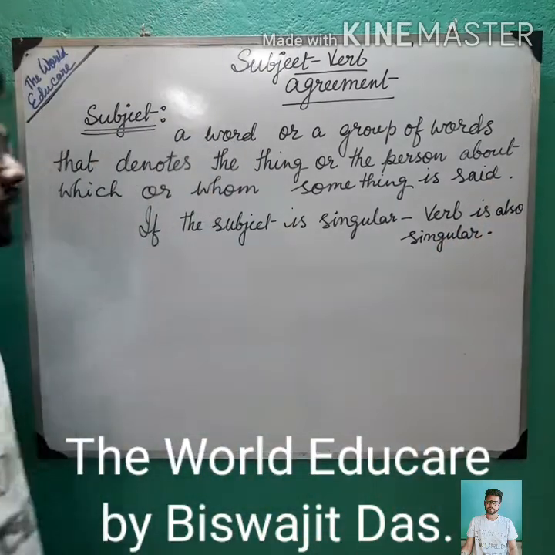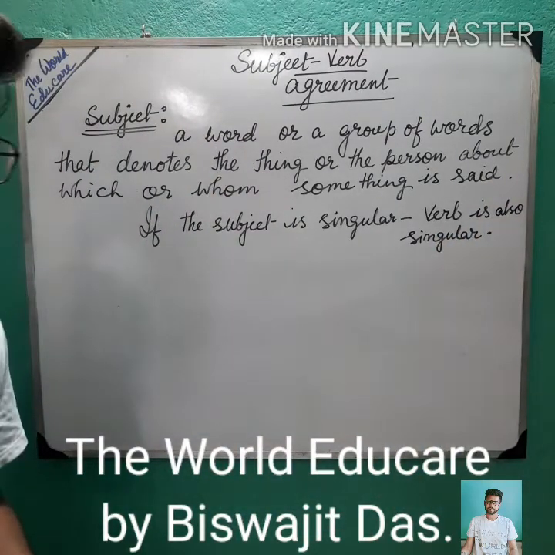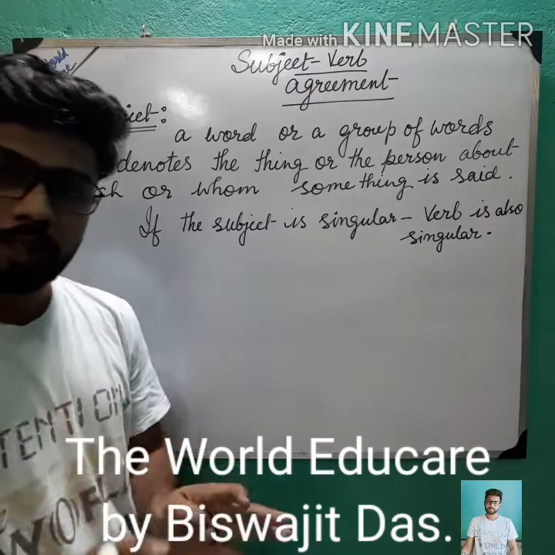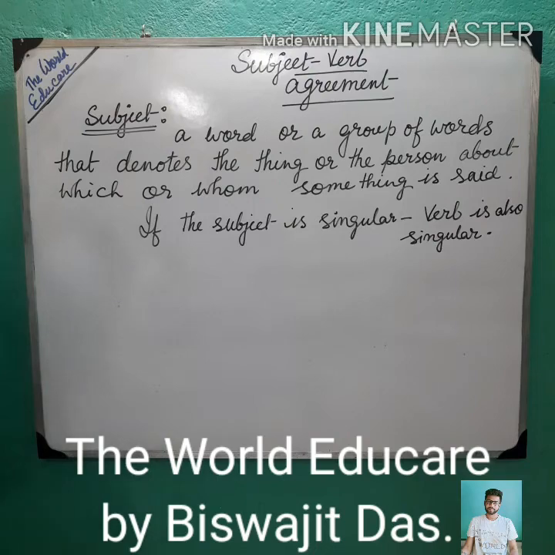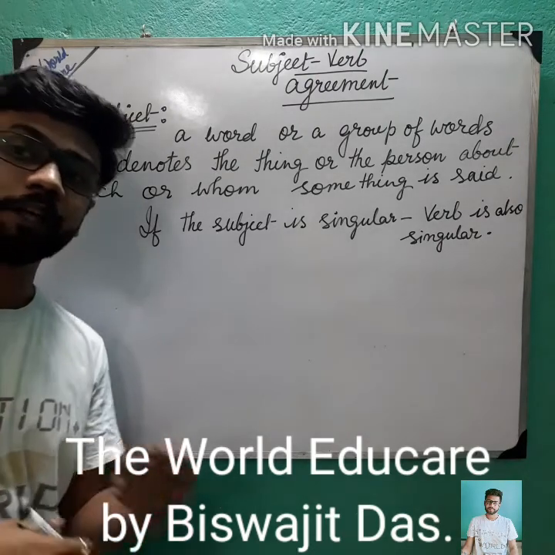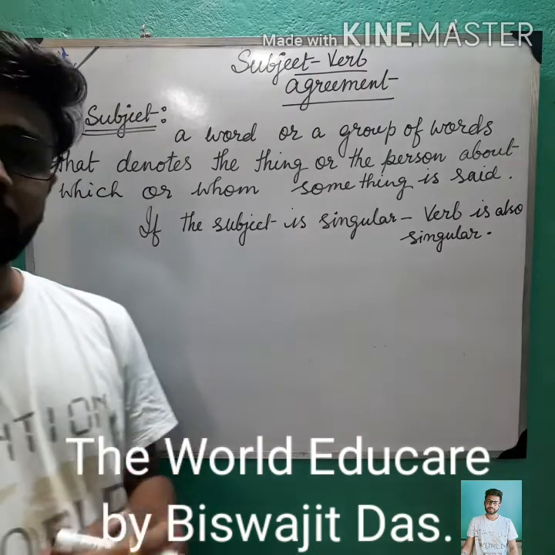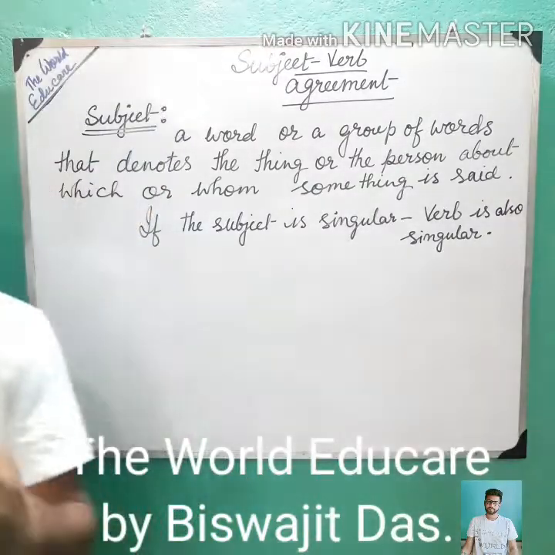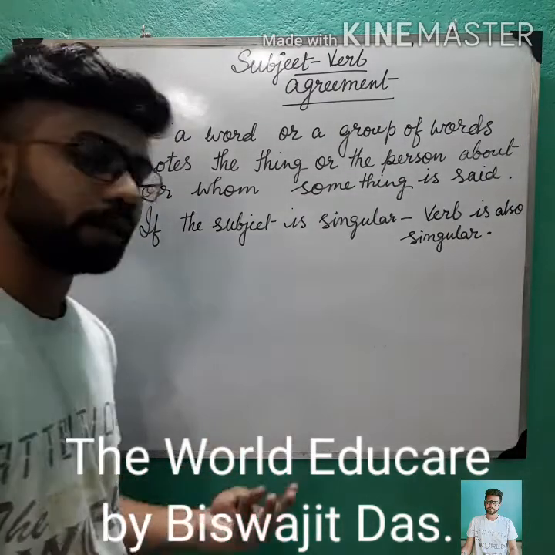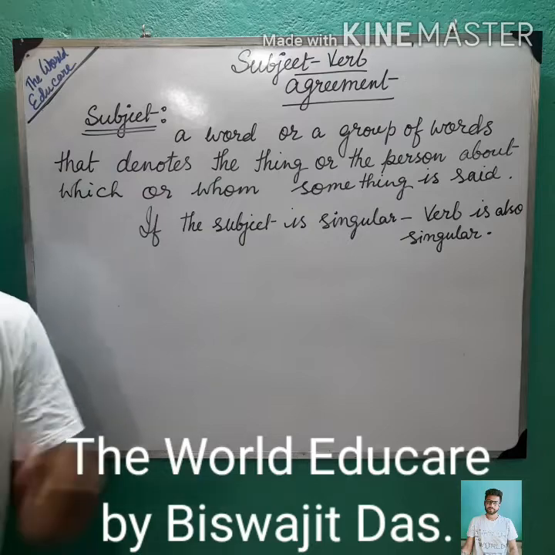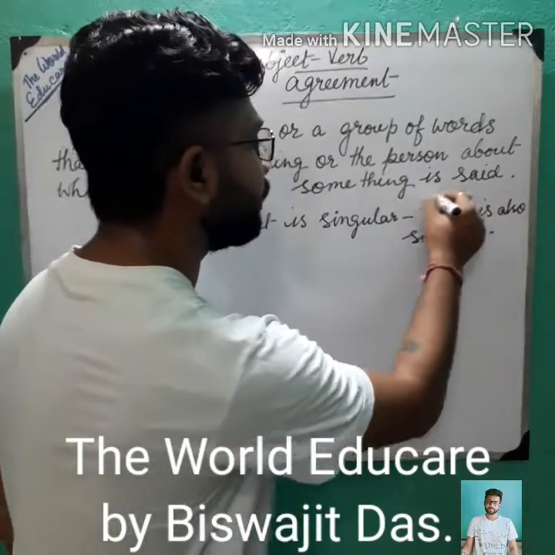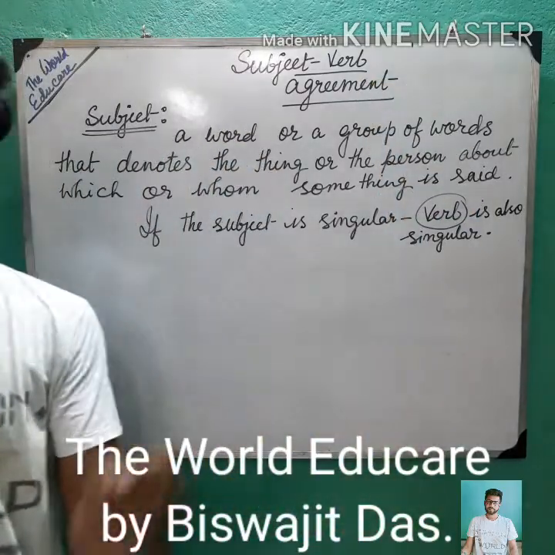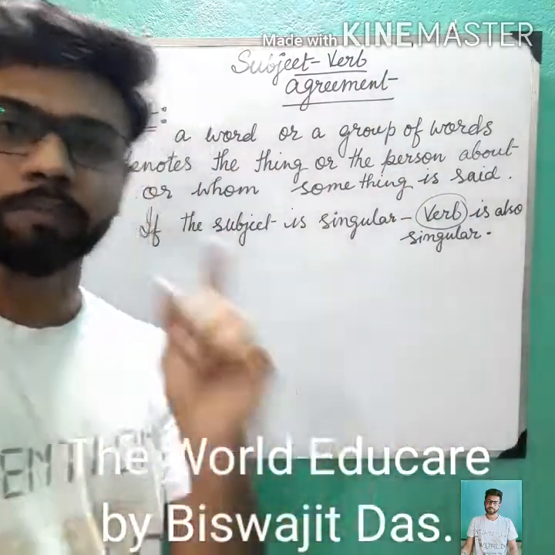Now the question is, how can we determine the subject is a singular subject or a plural subject? And how can we say that a verb is singular verb or it's a plural verb? For our kind information, we must know that each and every verb in their root form is in plural form.